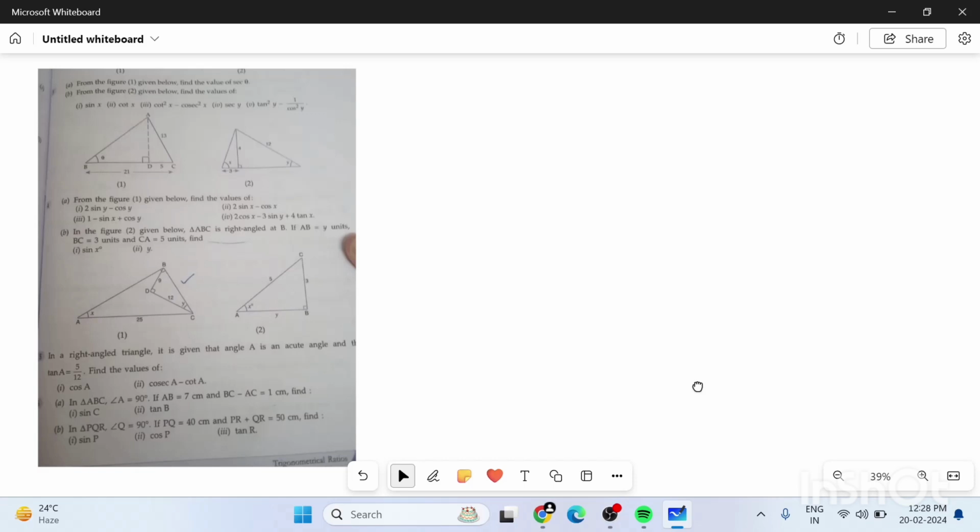Today's topic is the extension of the previous topic from class 9, that is trigonometric ratios.